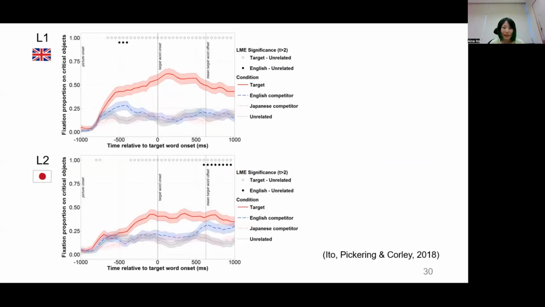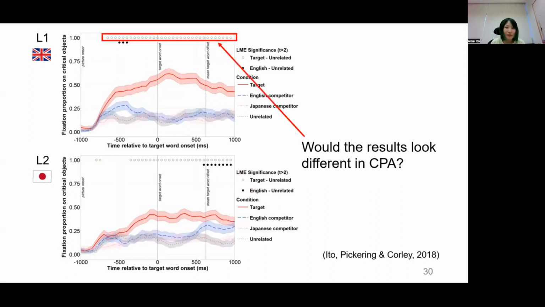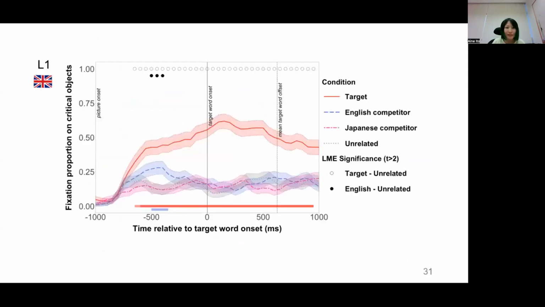Right. So let's see how the results look if we run the CPA here, especially for the target versus unrelated condition, and also what would happen to these bins for the L2 speakers' data. Okay, so I plotted these bars at the bottom, and this corresponds to the significant cluster.